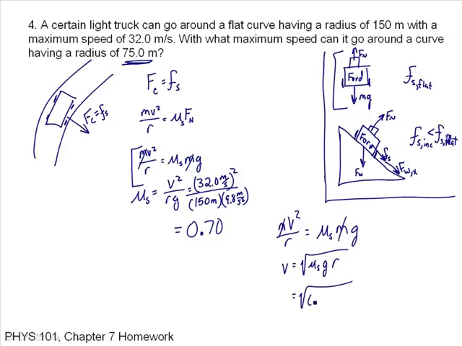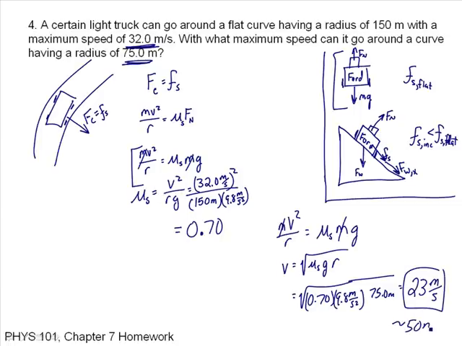That's the square root of 0.7, which has no units, times 9.8 meters per second squared, and then r now is 75 meters. And that gives me a value of 23 meters per second, which is less now than the maximum speed on the bigger curve. So that's the answer. That's about 50 miles an hour, roughly.